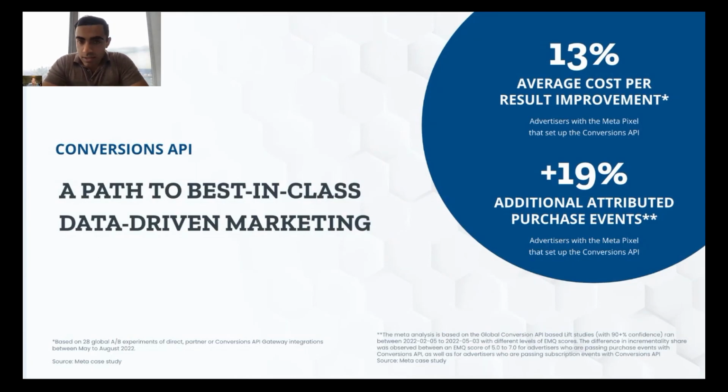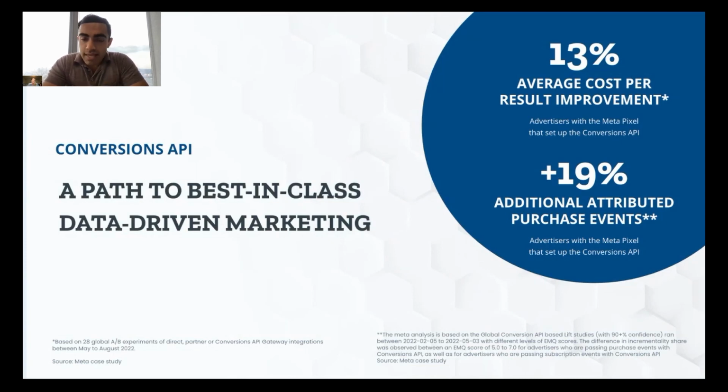As a result of implementing the Conversions API, businesses have seen on average a 13% improvement in cost per result, and on average 19% additional purchase events. I'll say that again: 13% better cost per result and 19% more purchases just by having the Conversions API.